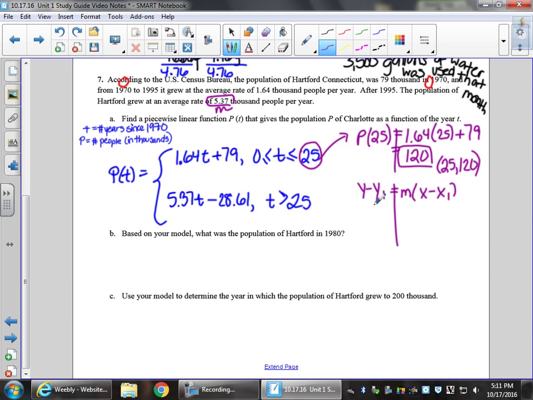I didn't think this was supposed to be negative, and I checked and I made a calculator error. This should come out to be 120. So y minus 120 equals, still the same slope, 5.37 times x minus 25. Let's try that.